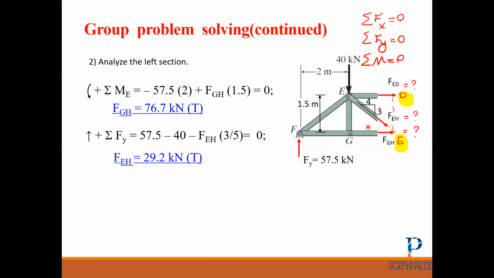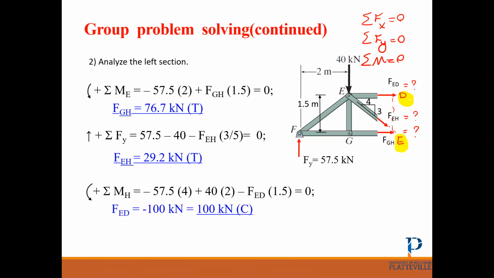All right. What's next? Can I use sum of the moment again instead of sum of Fx? Yes, I can use sum of the moment or use sum of Fx to find the other force that I haven't found. It's FED. If you want, you can write sum of Fx.